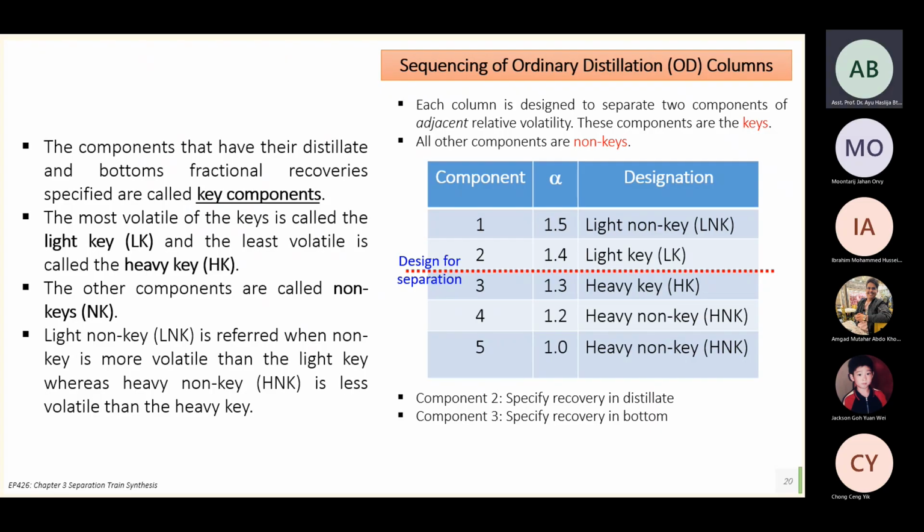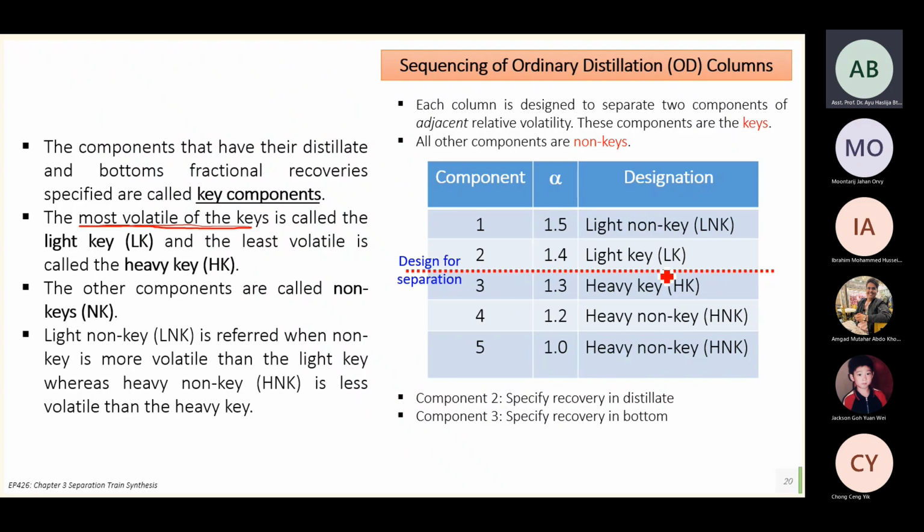And light key usually is the most volatile key, the product that you want, because you also have light non-key here. Light non-key is perhaps your byproduct.